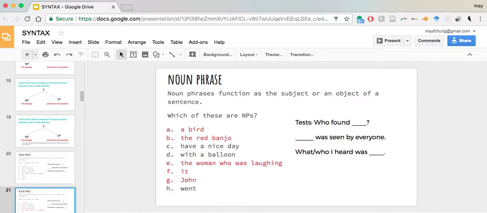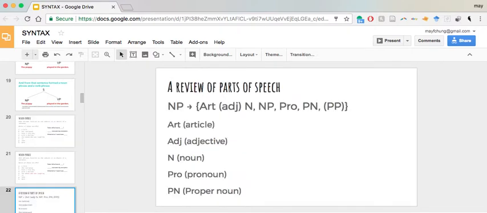Have a nice day is not a noun phrase, right? Unless you were talking about a bumper sticker that said have a nice day, or you had it in quotes, right? With a balloon is not a noun phrase. Who found with a balloon? That's a prepositional phrase, and then went would be a verb.